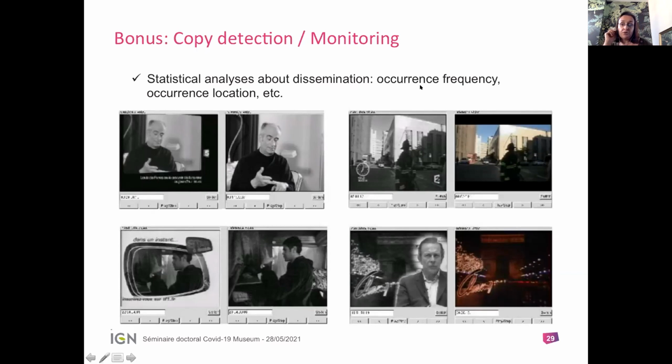For example, you can focus on the frequency of occurrence of the diffusion of the content, the location of this diffusion, etc., etc. And you can make very interesting statistics about what is important at a given moment in a given country about one event. And so by using these tools, you can do that.